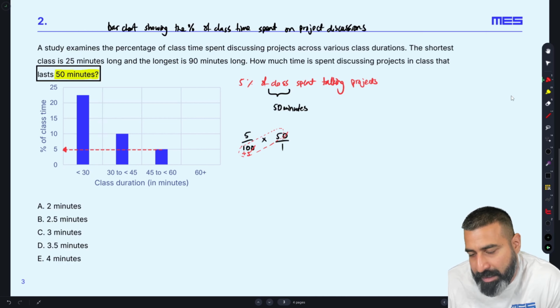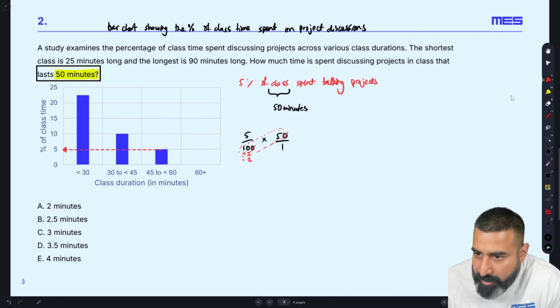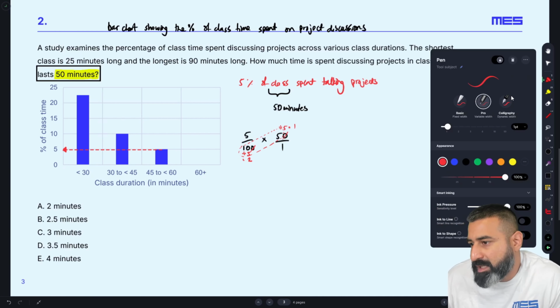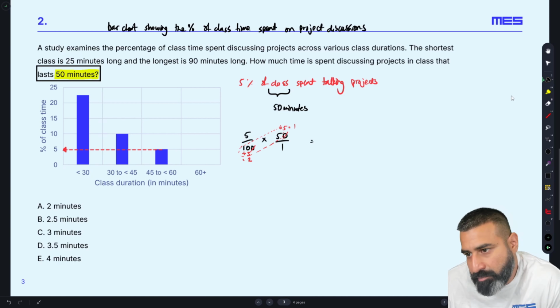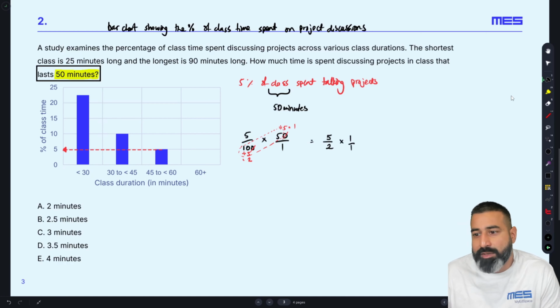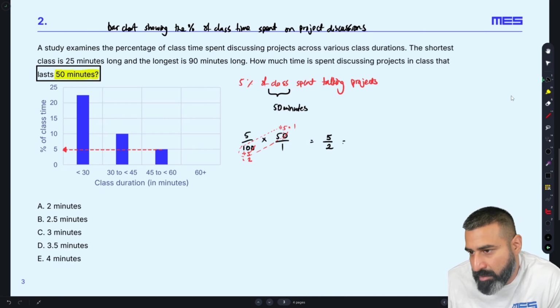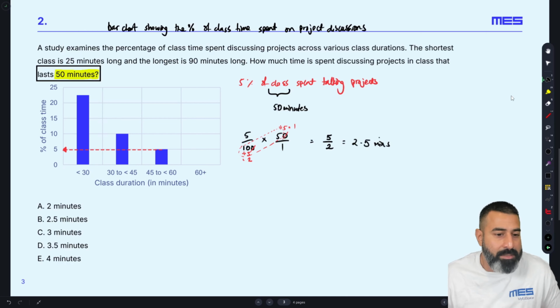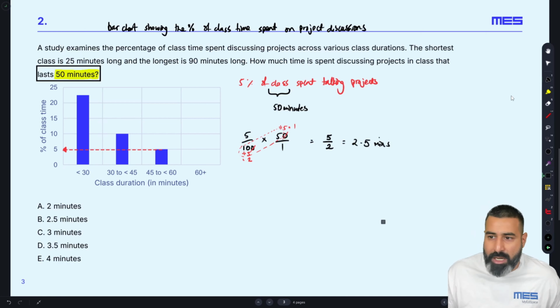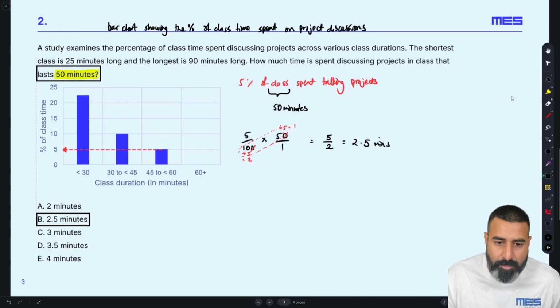So 5 goes into 10 2 times. And divide this side by 5. So 5 goes into 5 once. So this becomes 5 over 2 times 1 over 1. So the answer is 5 over 2. So this is equal to 2.5 mins. So the answer there is B.